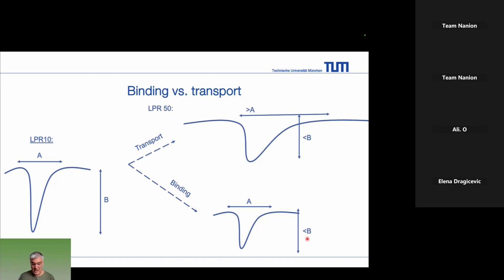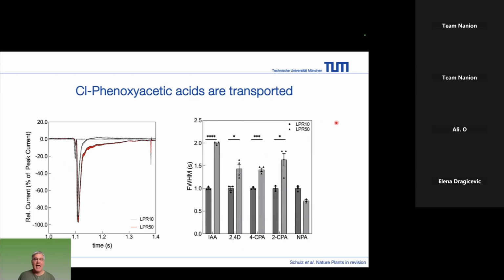So we tried our best. And doing our best here also to look at the time constants here of the peak width requires purchasing the 1.5 square millimeter sensors from Nanion to get a better resolution in the time range. And what we get here now is an example for 4-CPA.